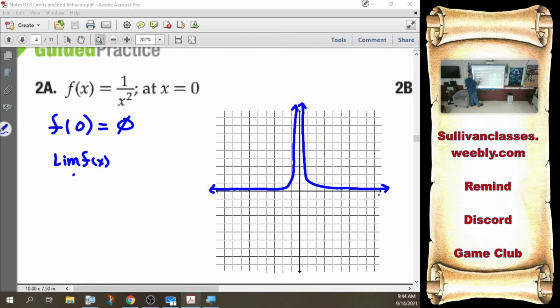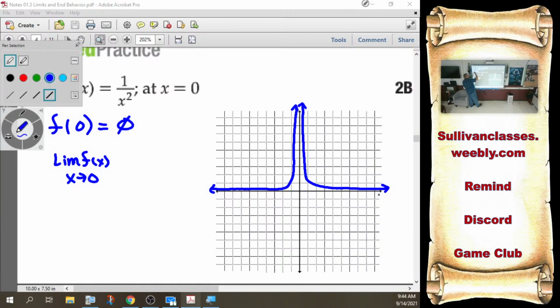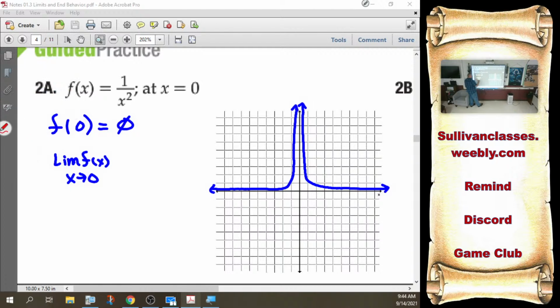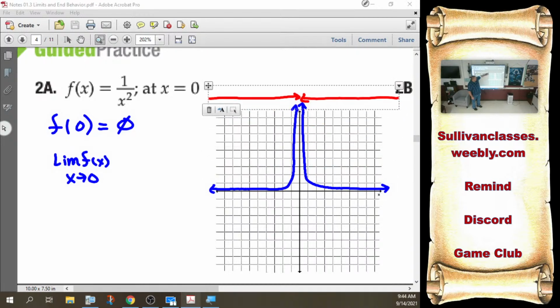Limit of my function as x approaches 0. If you go into your calculator and you put negative 0.000001, you put a positive 0.000001, aren't they both going to say a really gigantic number?